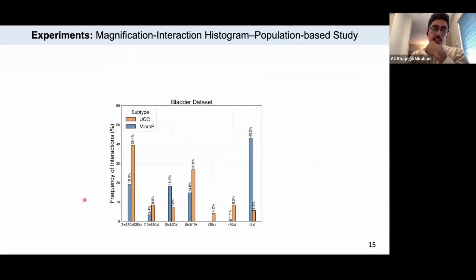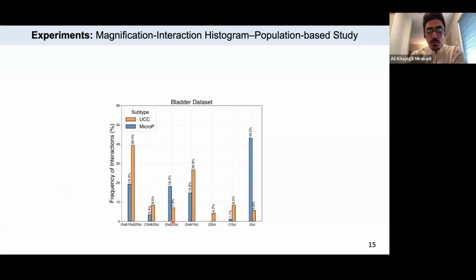So with this definition, we plotted this histogram for each subtype separately. This is the distribution of energy contribution over each subtype. The blue bars show the subtype micropapillary, and the orange bars show the urothelial subtype in the bladder dataset.